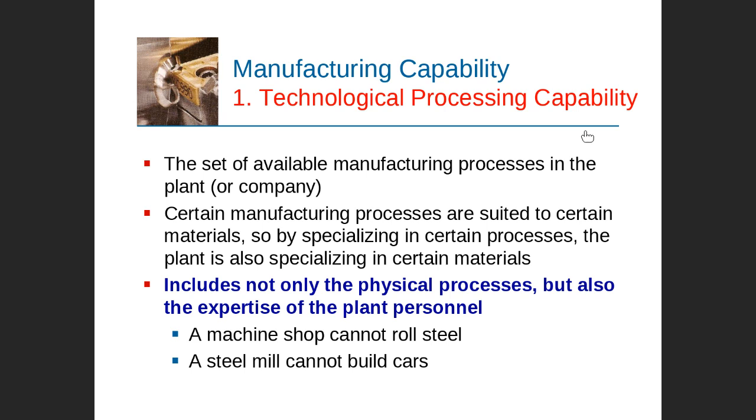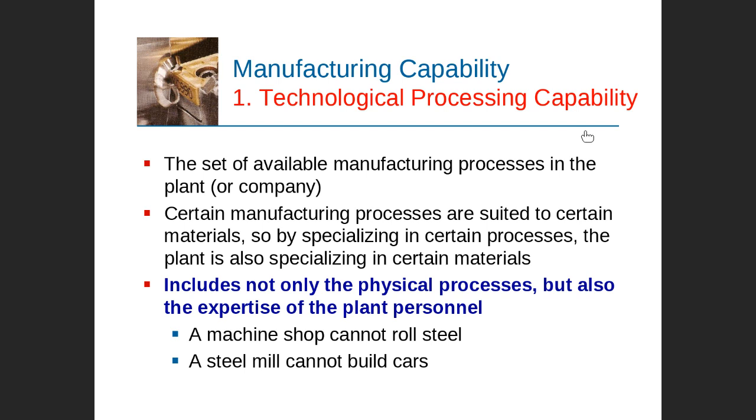So technological capability means that the company doesn't have the technology to manufacture the needed product. They don't have the machine to manufacture tables, don't have the facility, and so on.